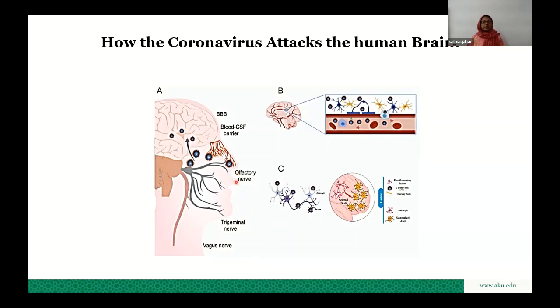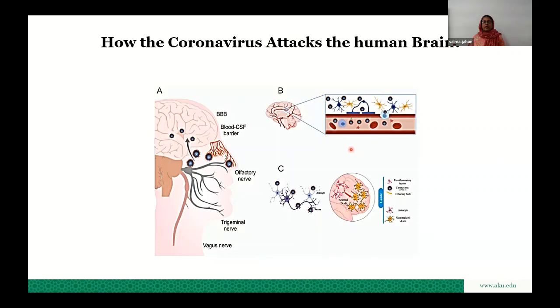Here you see the olfactory nerve. Once the coronavirus attacks, it goes to the blood-brain barrier system, which has some leakage, and it gets embedded in the brain.